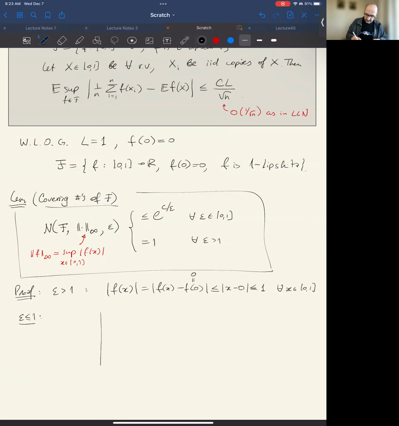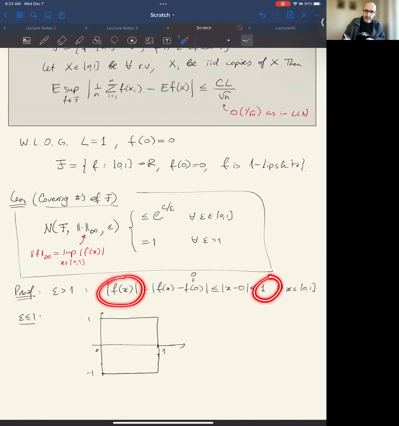We put a grid on, let me try to draw a nicer picture. Let's say this is 0, this is 1, and I put a grid. We know already that the graphs of all functions are within this rectangle. The domain is between 0 and 1, and the range we already computed is between -1 and 1. So all the graph is there.